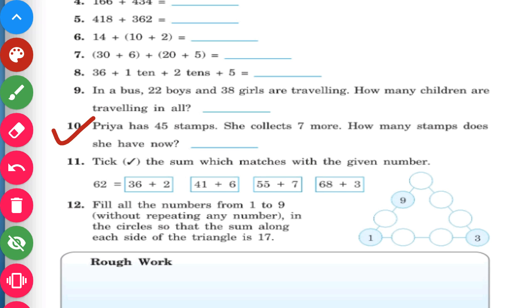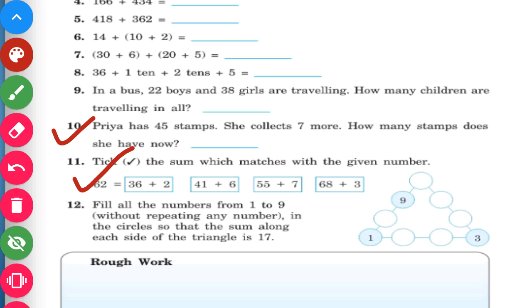Now, question number 11. Question number 11 says, take the sum which matches the given number. So, our given number is 62.